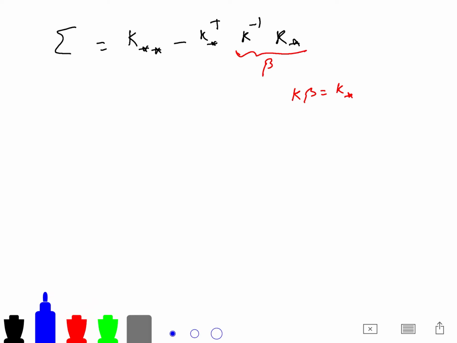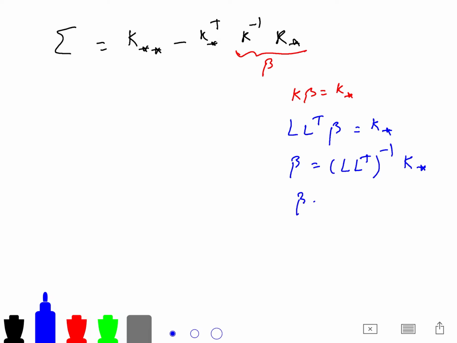Because we know the Cholesky decomposition of K, we can write L L transpose beta equal to K star, and therefore beta is L L transpose inverse K star.